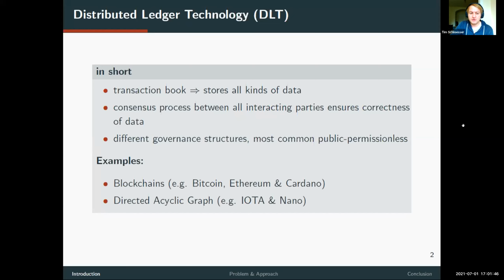The most common examples are blockchains, for example Bitcoin, Ethereum, or Cardano. The blockchain is a way to structure the data in the ledger, but there are also other ways, for instance a directed acyclic graph. The two most famous ones, IOTA and Nano, are based on a directed acyclic graph.